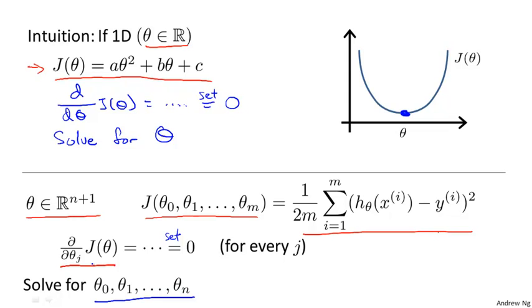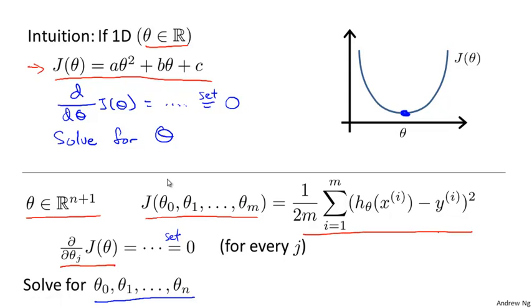But what I want to do is just tell you what you need to know in order to implement this process so that you can solve for the values of the thetas that corresponds to where the partial derivative is equal to 0, or equivalently, the values of thetas that minimize the cost function J of theta. And I realize some of the comments I may have made made more sense only to those of you that are a little more familiar with calculus. But if you're less familiar with calculus, don't worry about it. I'm just going to tell you what you need to know in order to implement this algorithm and get it to work.